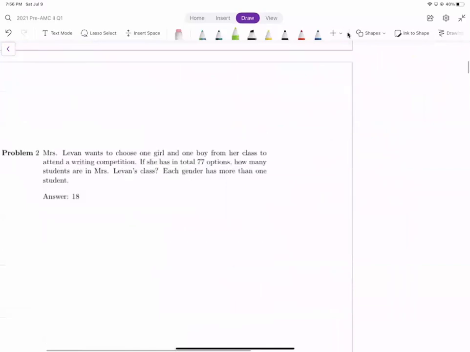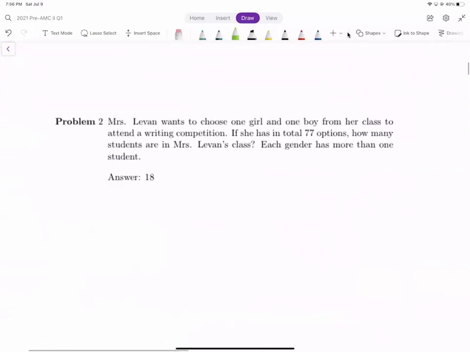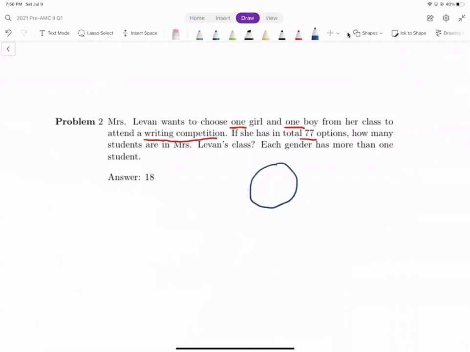Now, question number 2. Ms. Lavang wants to choose 1 girl and 1 boy from her class to attend the writing competition. If she has in total 72 options, how many students are in Ms. Lavang's class? We can separate the class into two groups: the group of all the girls and the group of all the boys.